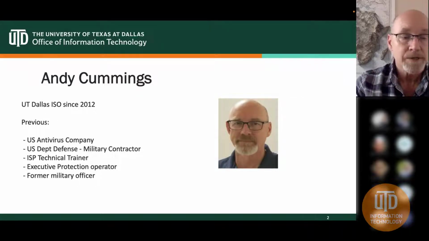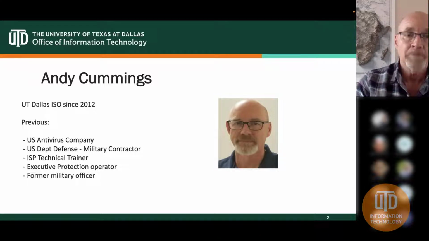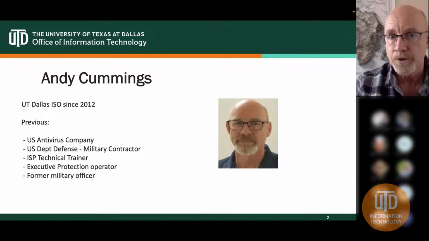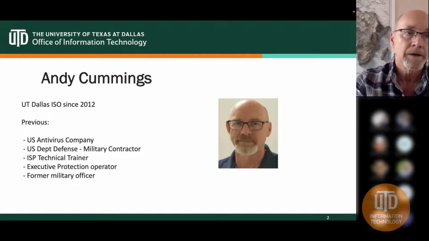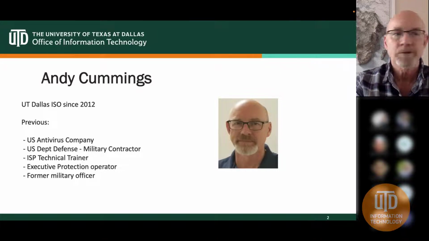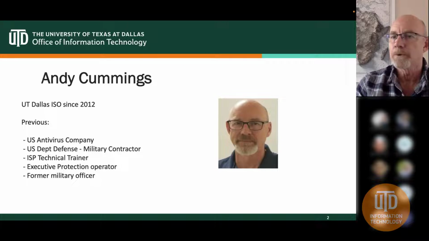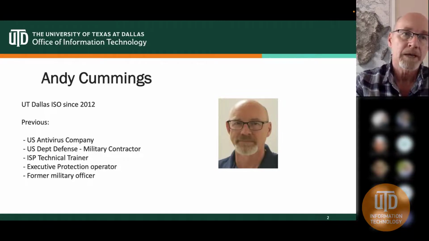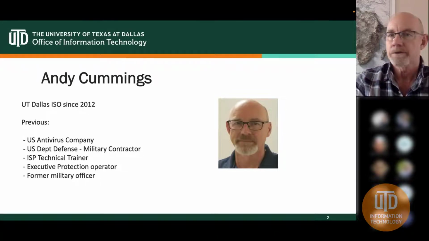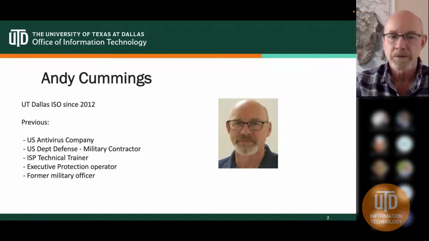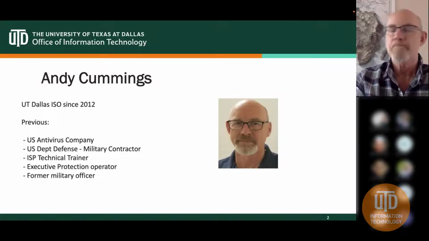And then when I came to the US, I started working for an antivirus company. I had been exposed to malware, viruses, Trojans, all kinds of fun stuff in the late 90s when I was working for that internet service provider. That was my first insight into it, and it intrigued me because it was always bad guys trying to do bad things to good people. That kind of irritated me a little bit. So when I came to the US, I wanted to continue fighting, but I was getting a bit older, of course, so I couldn't do the physical military type stuff.